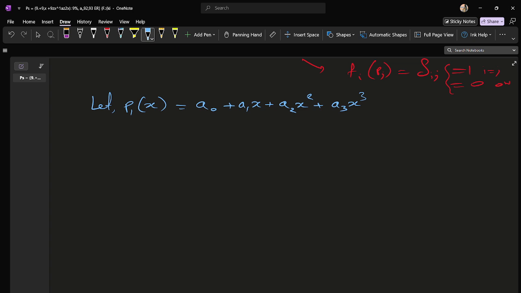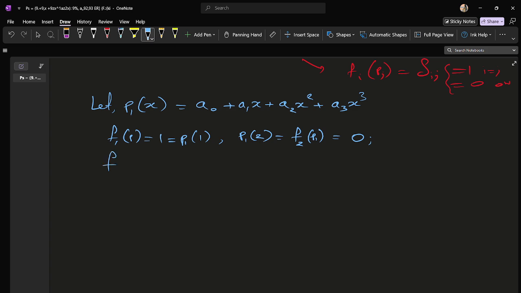Therefore, we must have f1 of p1 equal to 1, that is p1 of 1 is 1. And p1 of 2 will be f2 of p1, which will be 0, from the Kronecker delta. So f2 of p1 will be 0.